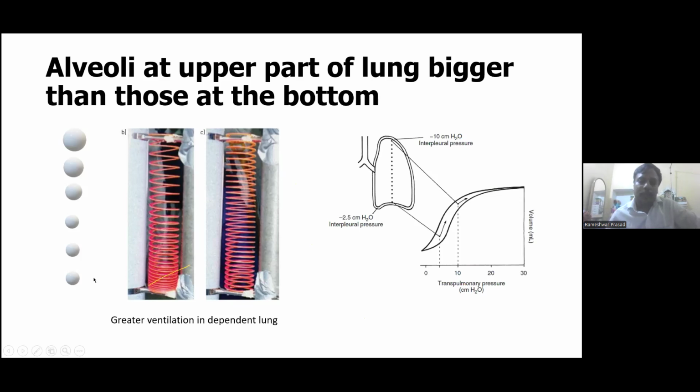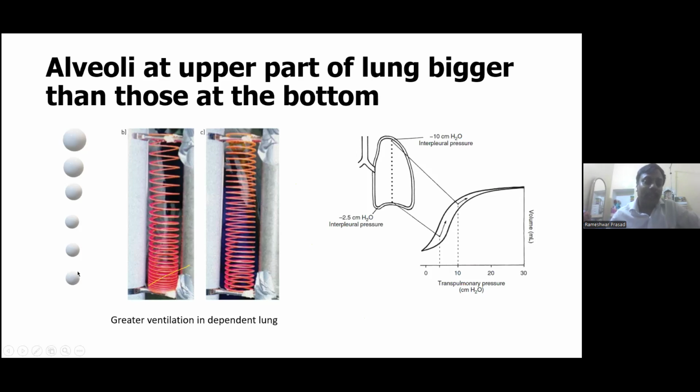So again, notice, if alveoli are small, they have more space to distend, more capacity to distend. This upper alveolus is already open, so how much will it open if you give more pressure? This lower alveolus is small, so if you give it pressure it will open more. So where is the compliance? In the lower part of the lungs, alveoli have more compliance.